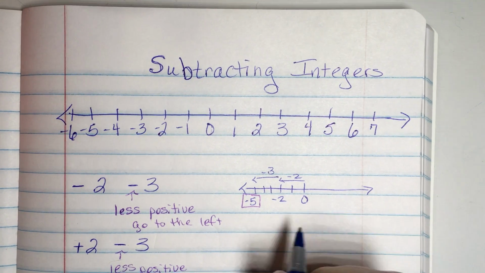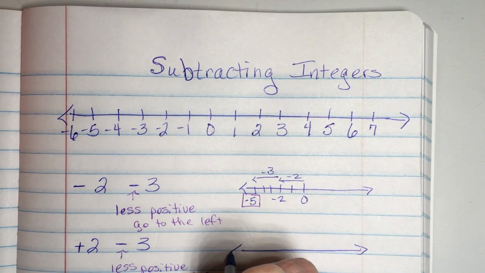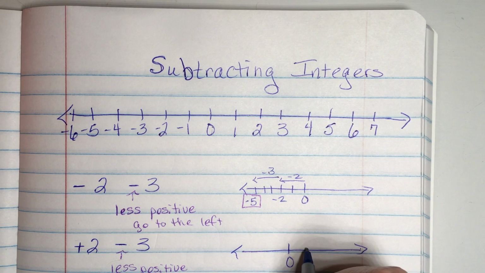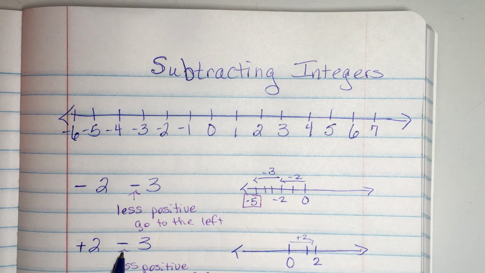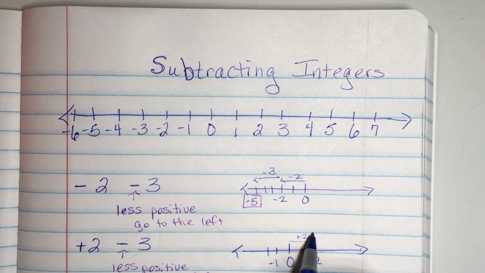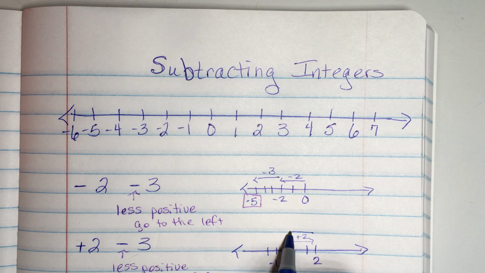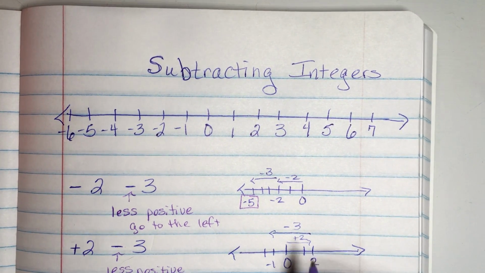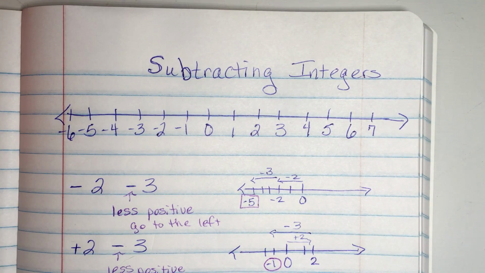And it would be the same thing with this one. Right? We start at the +2. But then we want to get less positive by 3. So that means we have to go back 3. So 1, 2, 3, and then we end up at -1.